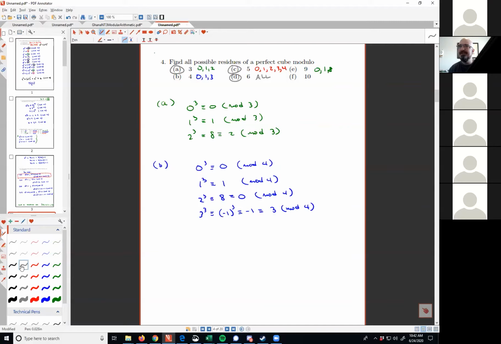Everything but 3? Yeah. What is 7 cubed modulo 10? What is 7 times 7 times 7? That's 343, which is 3 modulo 10. So all possible residues is what we get.